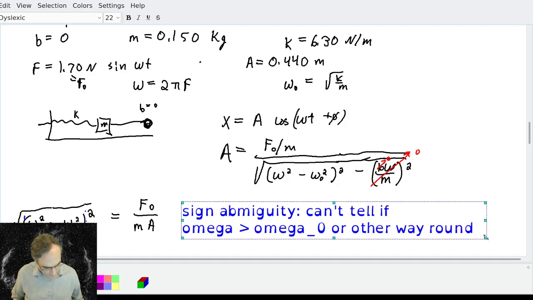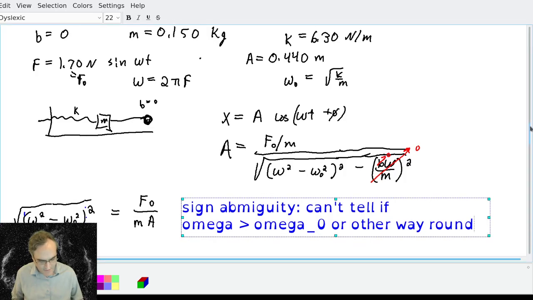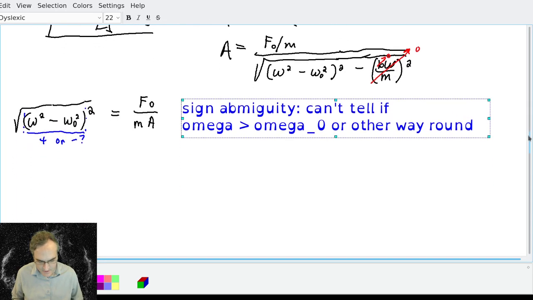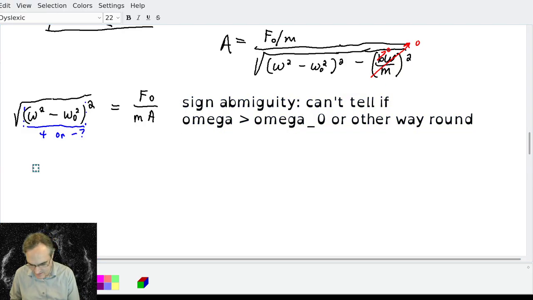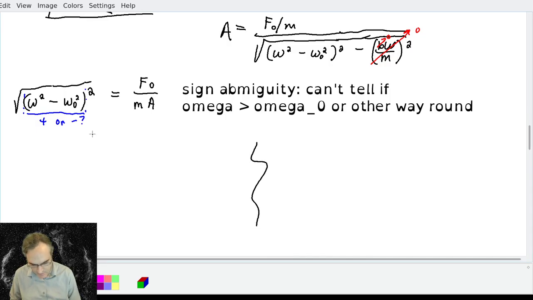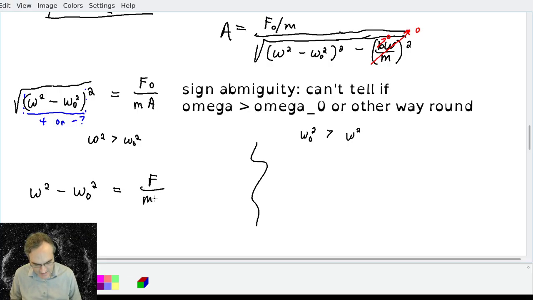So that's a problem, and hopefully you remember how that problem is resolved from your various math classes. The trick is, once we get rid of the square root and the squared, we split it into two possible solutions. One where omega squared is greater than omega naught squared, and the other where omega naught squared is greater than omega squared. What does that do to the answer? Well, signs. If omega squared is bigger than omega naught squared, we keep the sign as it is.